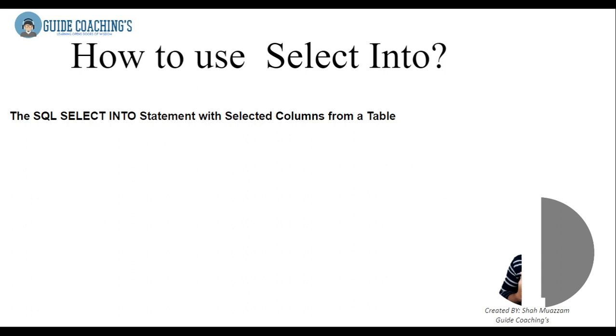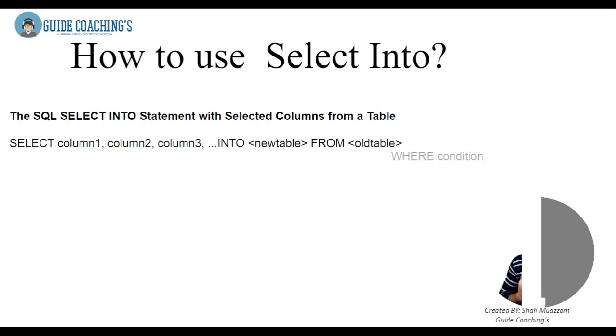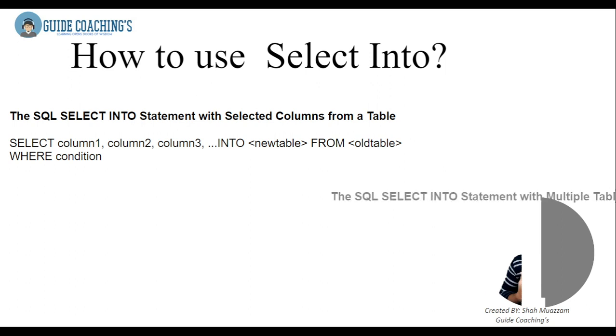We can either select all the columns from that particular table, or certain columns from the old table. If our old table has 6 columns, but we want only 3 columns copied into the new table, we give those 3 column names first, then write into, then the new table name, and then from the old table name. Then we can give the where condition as well.